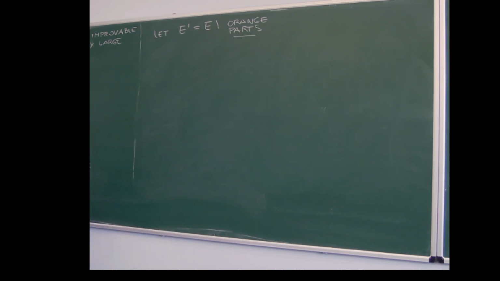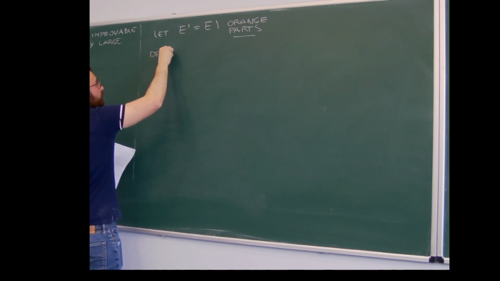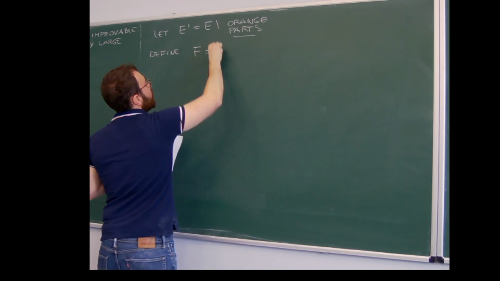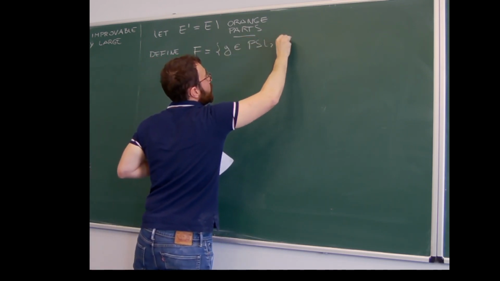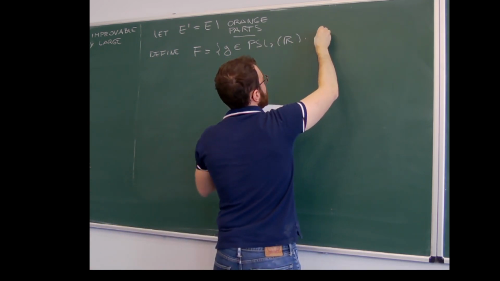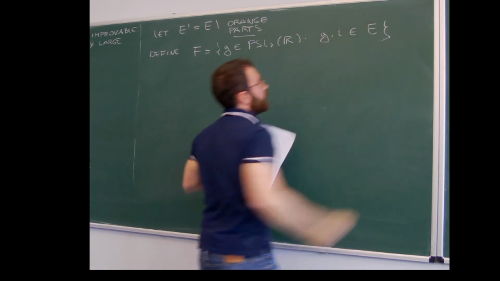Okay, this is not too accurate. So define F to be the elements G in PSL2R such that G acting on I lies in E.